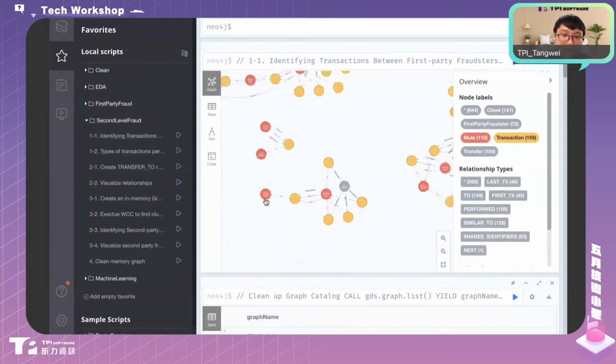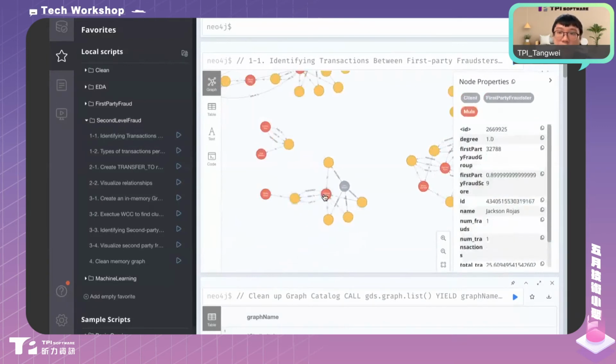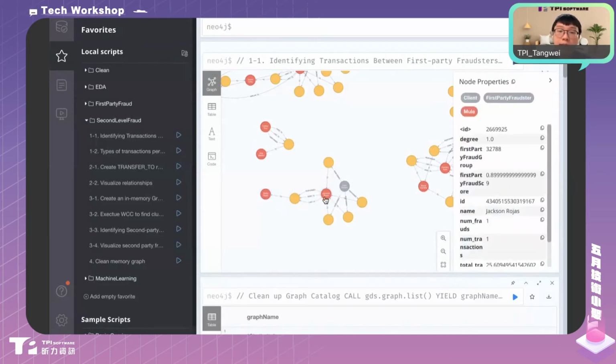So maybe we can see these persons. Okay, we can see these clients as examples. This is the first-party fraudster we labeled in the first-party fraud detection. And then this person is not labeled as a potential first-party fraudster, but it has transactions with these persons.